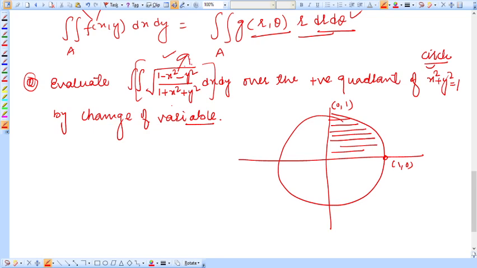Therefore it is very easy here to change the variables.